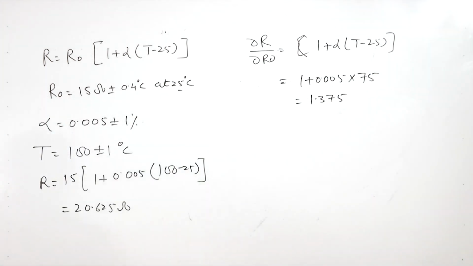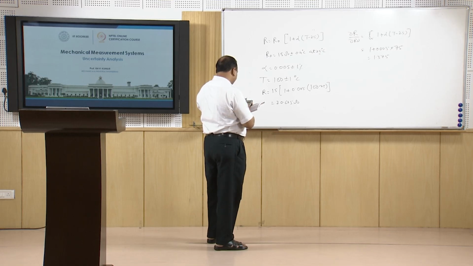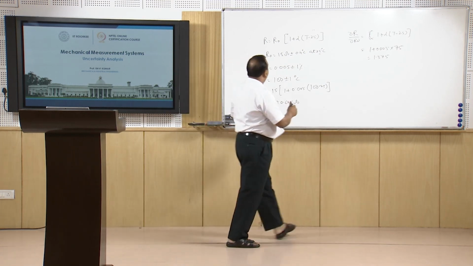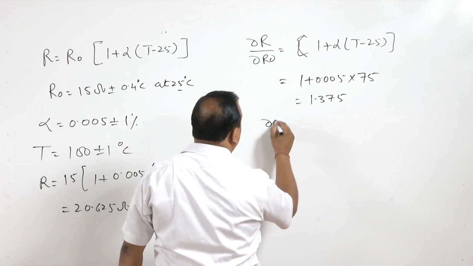Let us confirm this: 75 into 0.005 plus 1, 1.375.